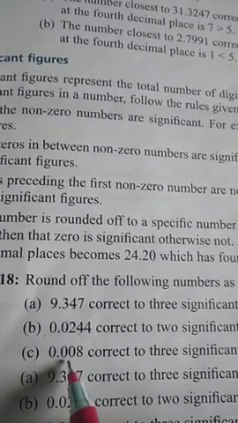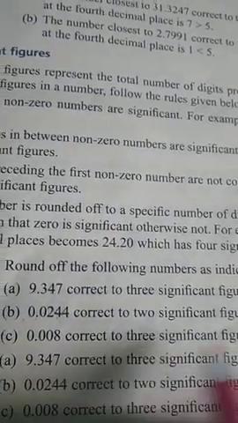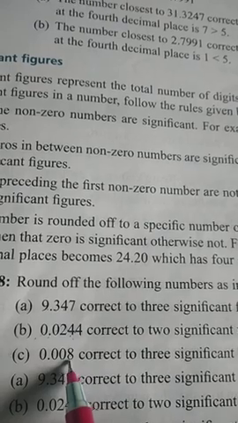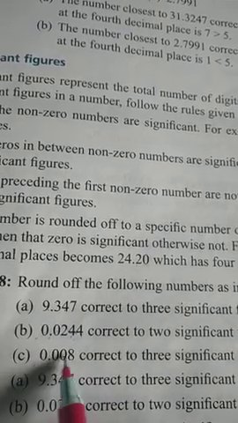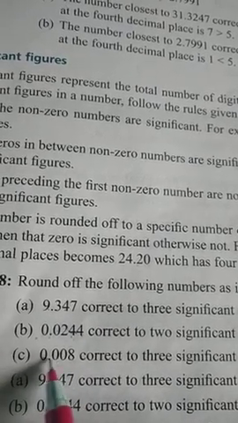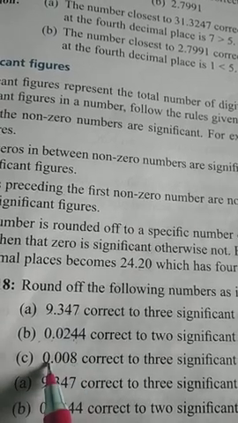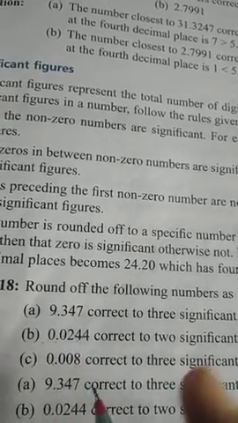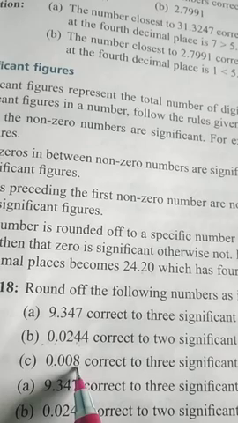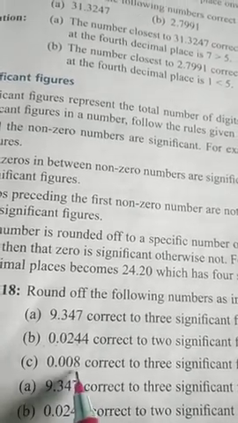0.024. Okay. Similarly, you have to correct this to 3 significant figures. But there is only 1 significant figure here because all the zeros will not be counted, as they precede a non-zero number. So 8 is a single-digit significant figure, but you have to correct it up to 3 significant figures.